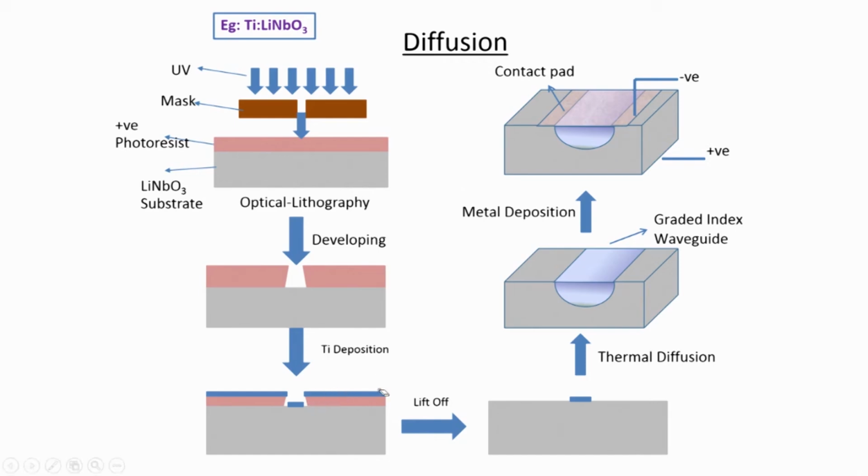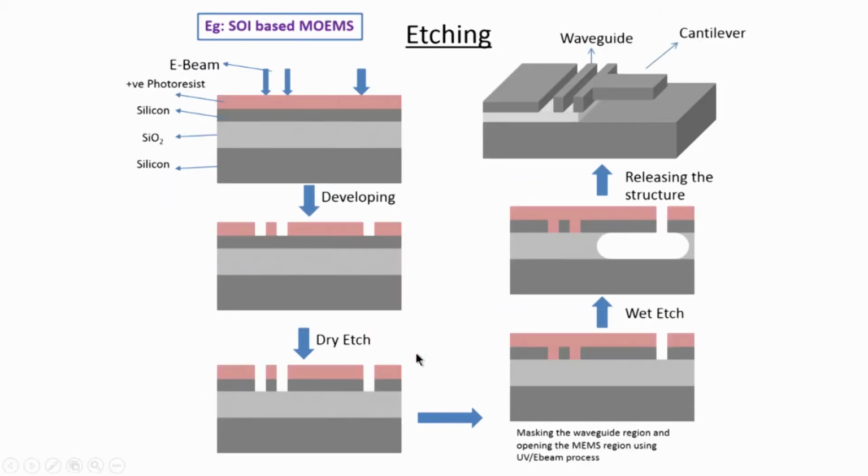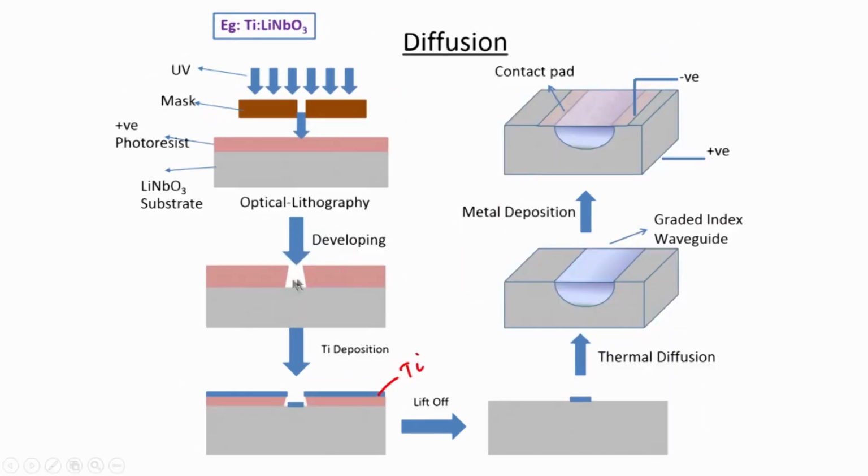This is a titanium film. Due to the development and the lithographic process, there is an opening in this region, and titanium is deposited only in the region where we need it.